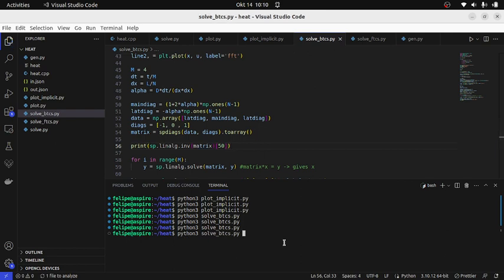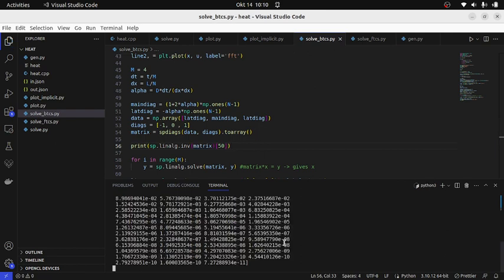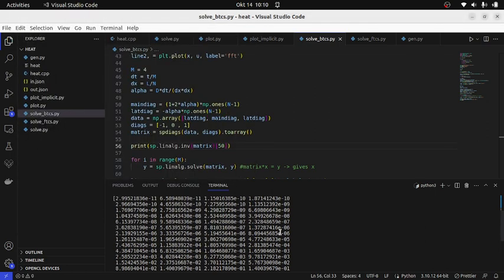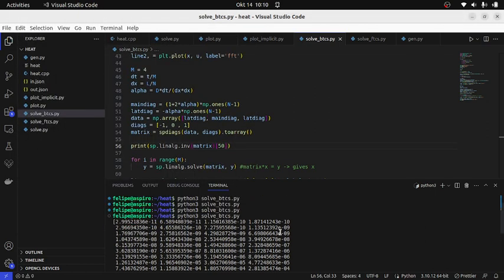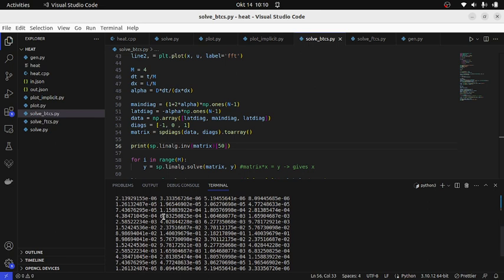And then if I run this, let's take a look. You see, this is the middle line of the matrix. You see that we have values for every column, and it is more centered at the middle. We have here 1.4 times 10 to the minus 1, then we go to 2.18 times 10 to the minus 1, and so on.